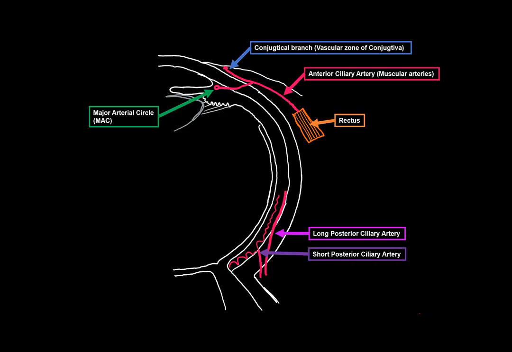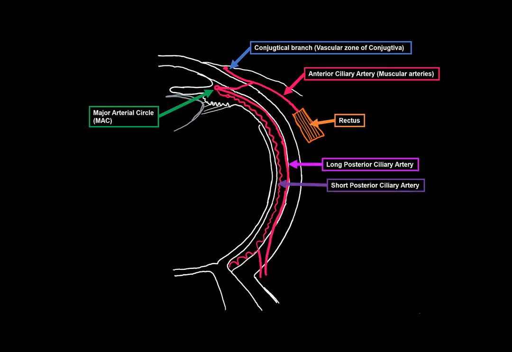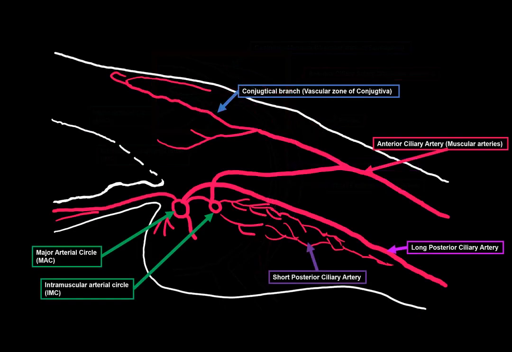Both the short and long posterior ciliary arteries, they lie in the choroid part of the wall of the eye. The long one will help contribute to this circle, and the short ones will form a small arterial circle called the intramuscular arterial circle.